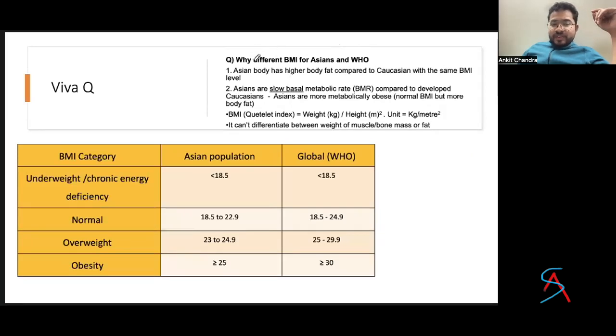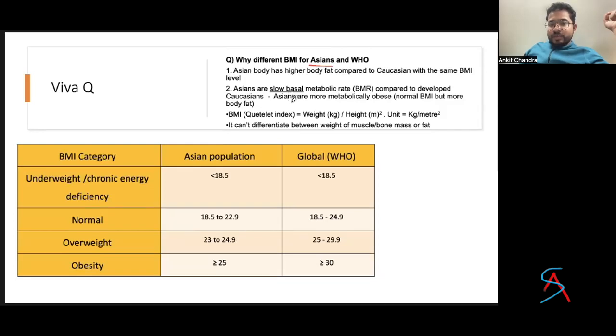Generally, you have to remember for the Asian population, a few years back, this thing came up that we should not use the generic WHO BMI. We should be using one specific for Asians. Generally, Asians have higher body fat compared to Caucasians at the same BMI level, and also Asians have a slower basal metabolic rate compared to the developed Caucasian.